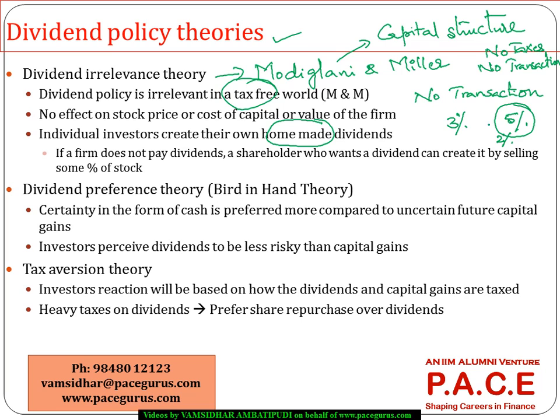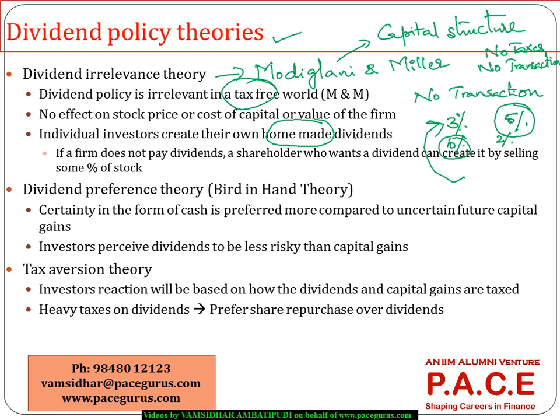Or if he thinks that the company has paid 10%, but he is expecting only 5%, with the extra 5% the company has paid, he can use that money to purchase additional shares, which means virtually he is able to create his own dividend by either selling off his existing shares or buying new shares.